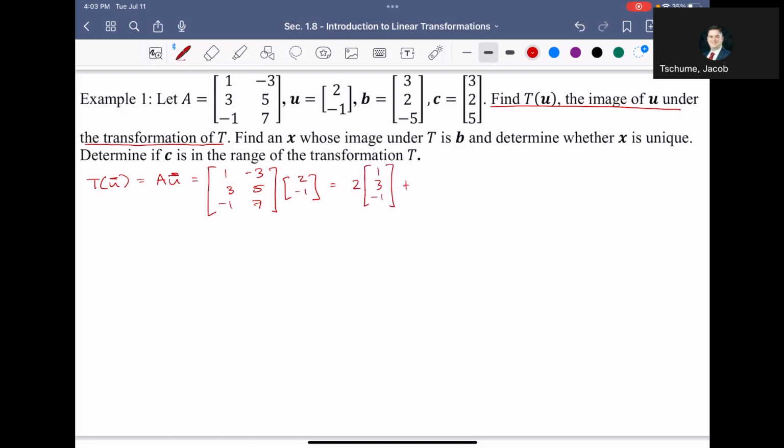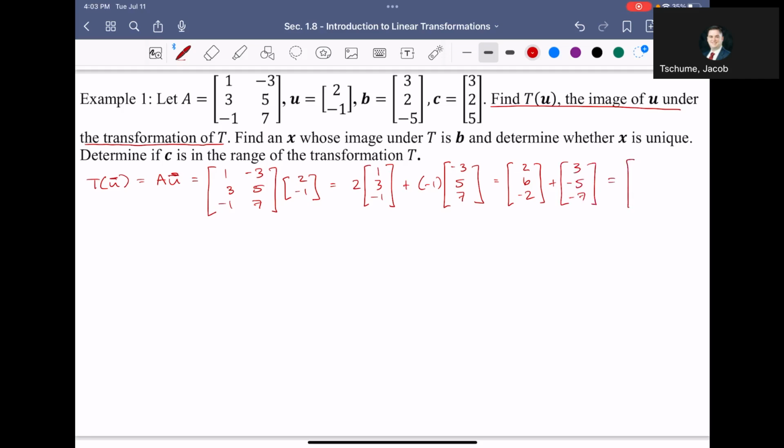We're then going to add to that the second entry of our vector U, which is -1, times the second column of matrix A. When I multiply the scalars through to each vector, you end up with 2, 6, -2, plus 3, -5, -7.